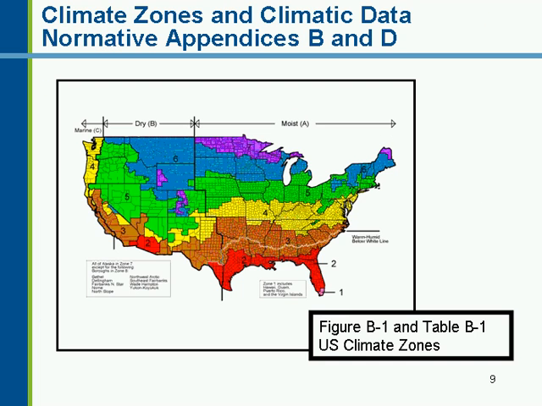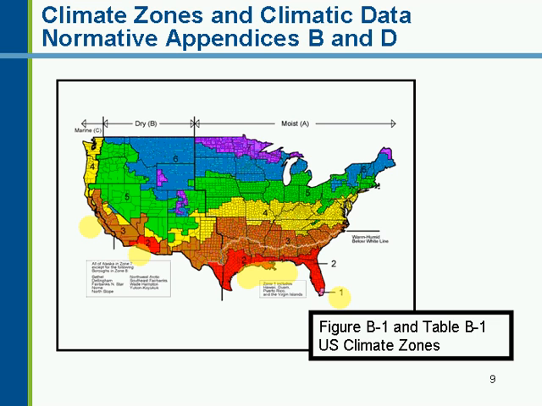So here's the map, and within this map I'm just going to quickly talk about the climate zones. Climate Zone 1 is the mildest, and you see that's only the very southern tip of Florida around Miami. Climate Zone 2 is the Gulf Coast, and it does include a portion of southern Arizona. Climate Zone 3 is southeast and south central U.S., and also much of California, where the population lives.